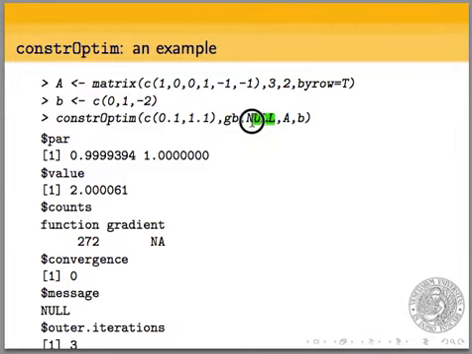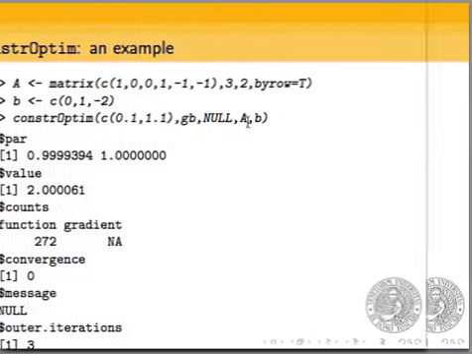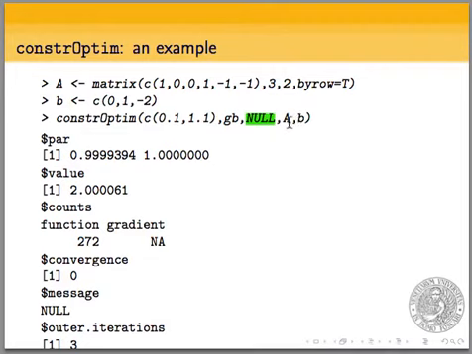Typically we write null because you can provide the gradient of the function, but this is a more technical development and we will not get into this. So typically you don't provide any gradient and you just write null, and then you describe your constraints, providing the matrix A that was previously defined here and the vector B. And if you press enter, you get the results.